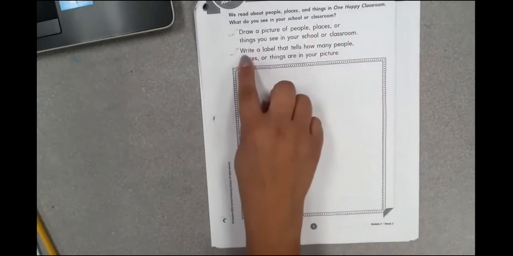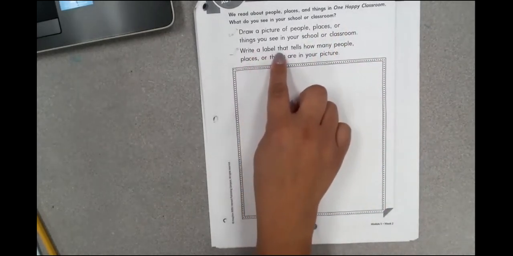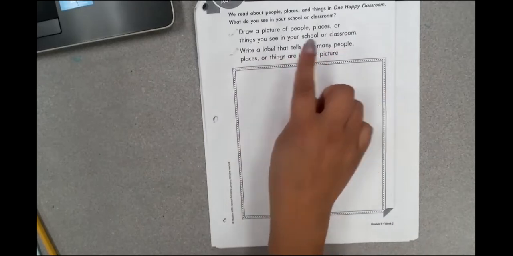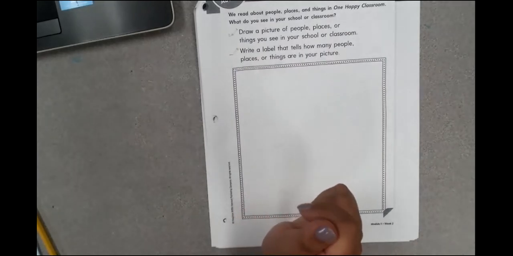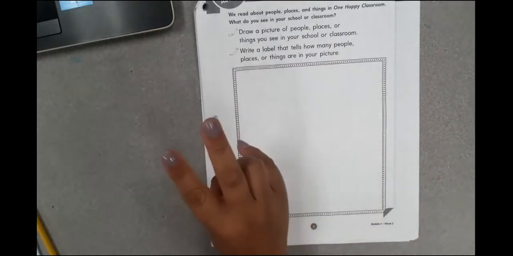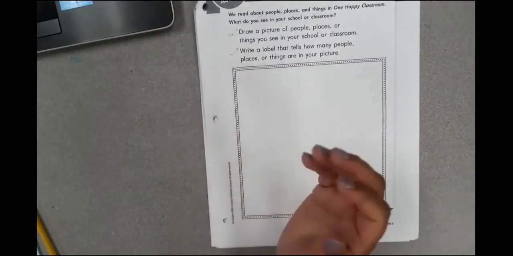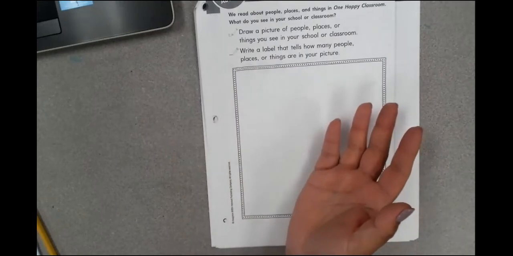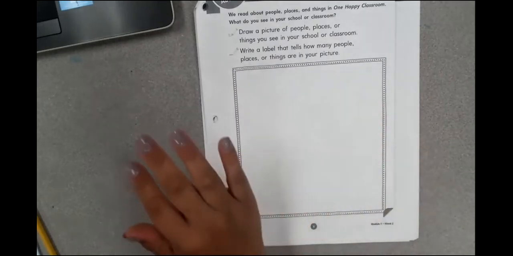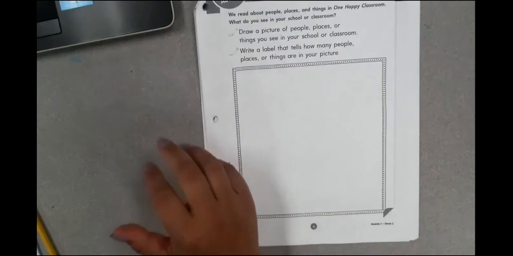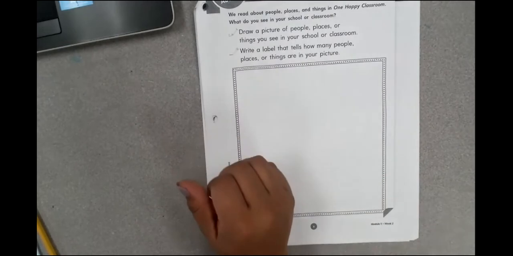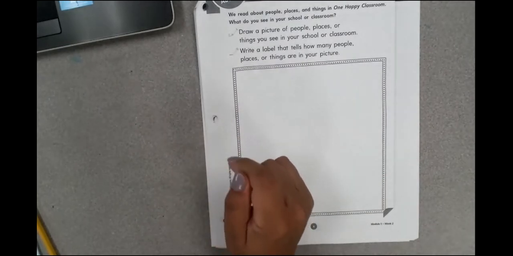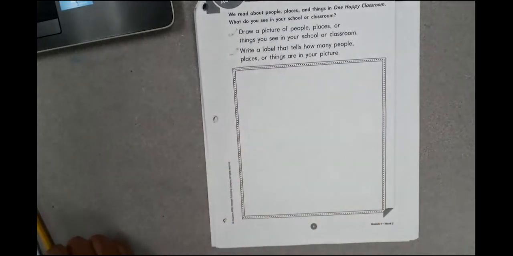And then it says write a label that tells how many people, places, or things are in your picture. Because remember, in One Happy Classroom, it says 2 happy teachers, 6 great listeners, 5 show and tellers. So they were using numbers as well, number words, to tell a story in the classroom.